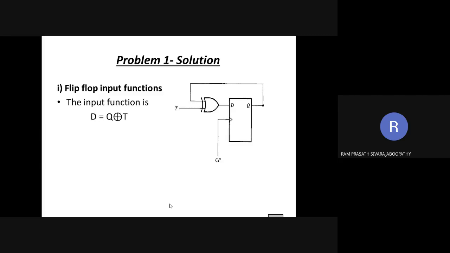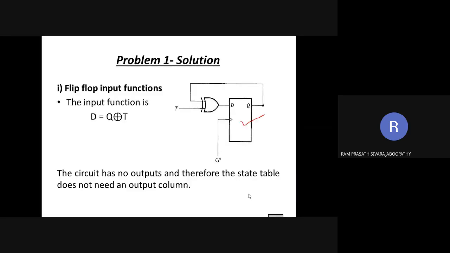What about the next step? Characteristic equation of the D flip-flop. The circuit has no output and therefore the state table does not need any output column. Clear?